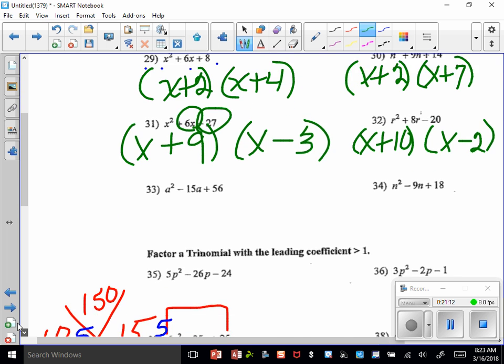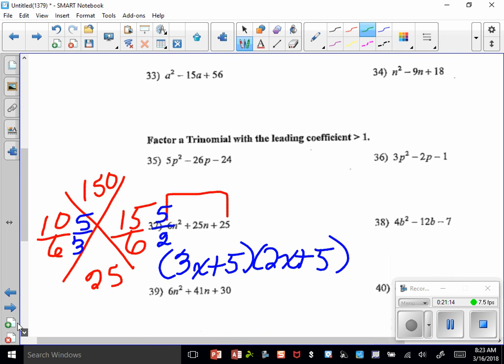And guys, there are other methods out there. I mean, you can explore, but I can tell you this x method is the easiest one for factoring a trinomial. All right, so let's look at 33. So what times what will give me a positive 56 when I multiply, but a negative 15 when I add?